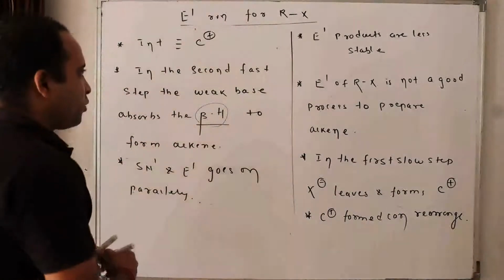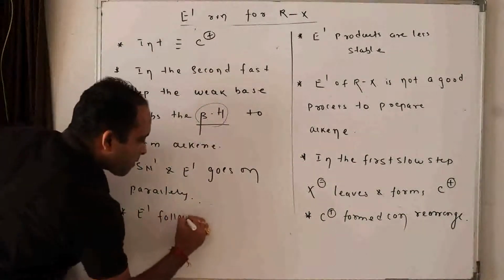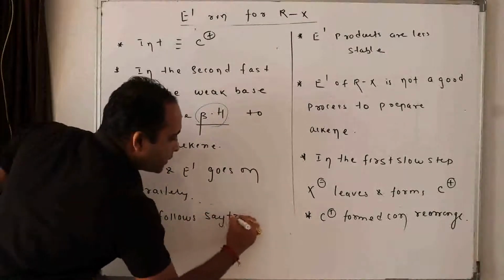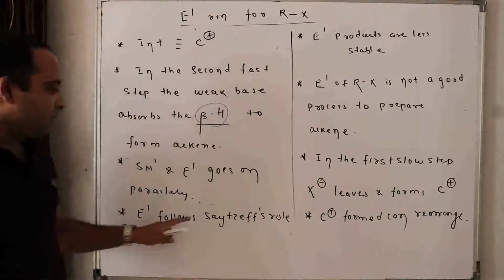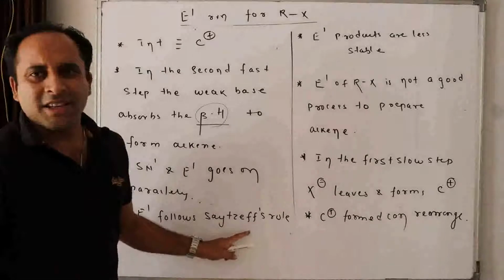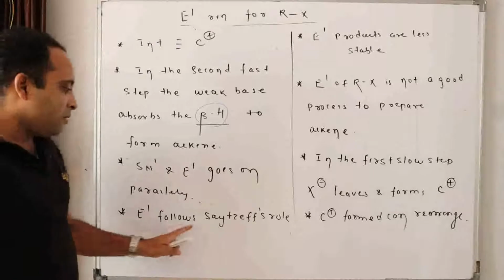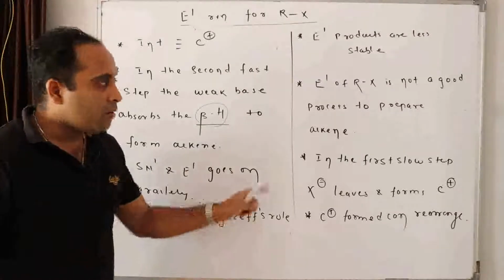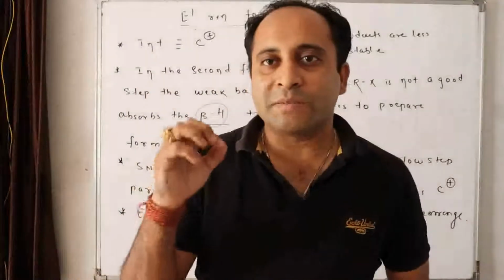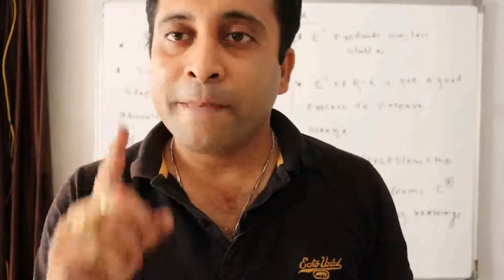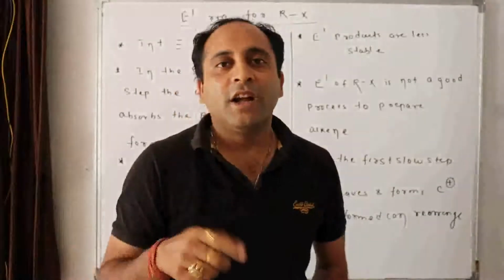And the most important thing, E1 follows Saytzeff rule. Saytzeff, a Russian scientist, like Markovnikov, we can write it. E1 follows Saytzeff's rule. Now the question comes, what is Saytzeff's rule? See, Saytzeff's rule says that more substituted alkenes are dominating. Why? Because they are more stable. Do you understand? What does Saytzeff's rule say? That the most substituted alkenes are dominating.